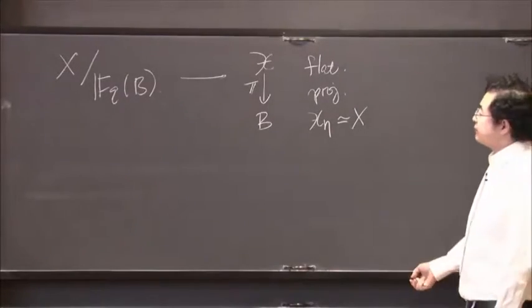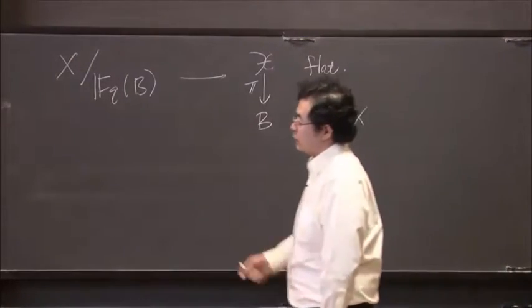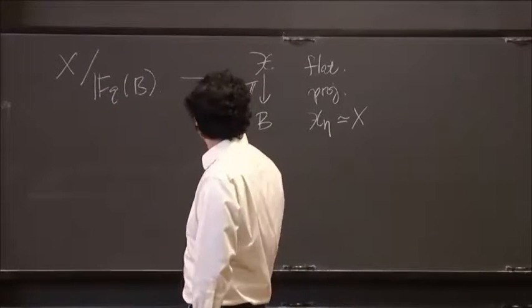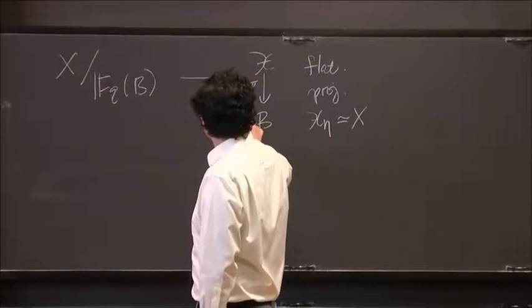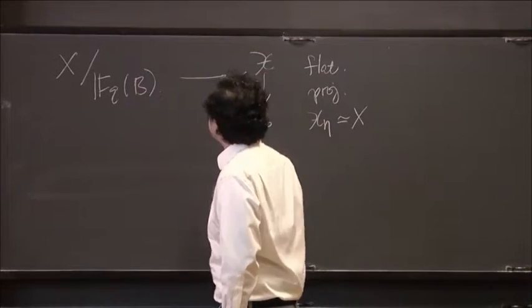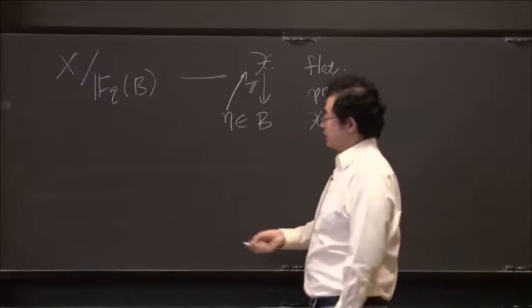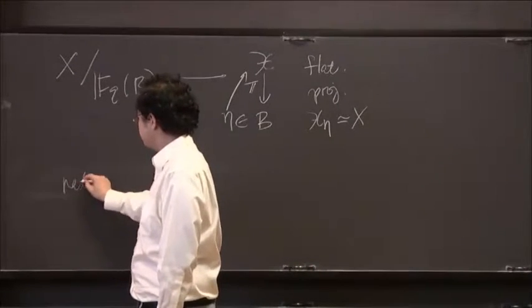Okay. And then we're interested in the case where you can find a rational point, and that's the same as a map from the generic point to this family. So here I have rational points.